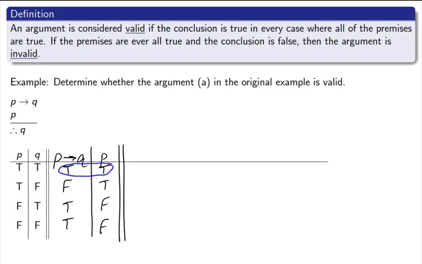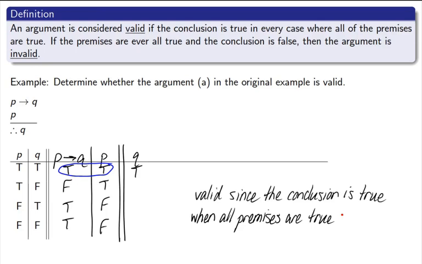Right here. What I'm going to do is go to my conclusion Q, but I'm only interested in writing it down when the premises are true. In this particular row, we have both premises true, and you'll notice that Q is true. That satisfies the definition of valid. This is valid since the conclusion is true when all the premises are true.